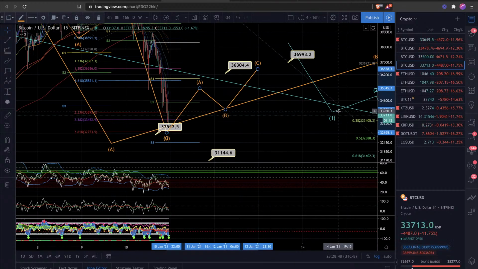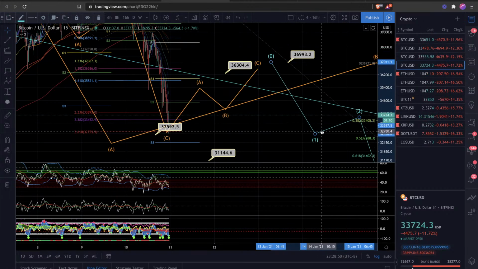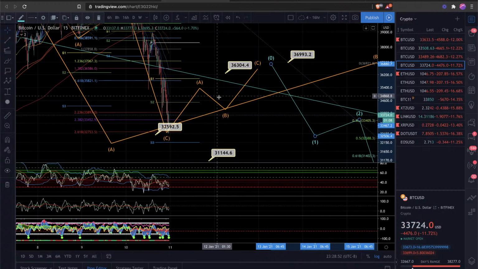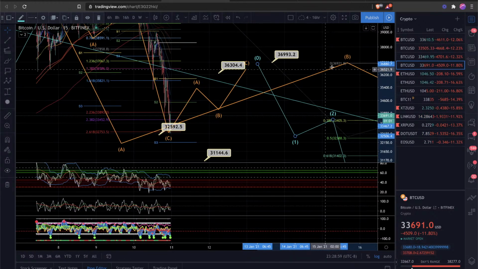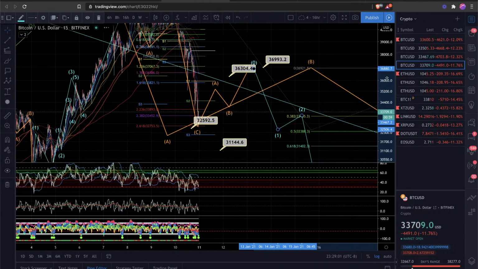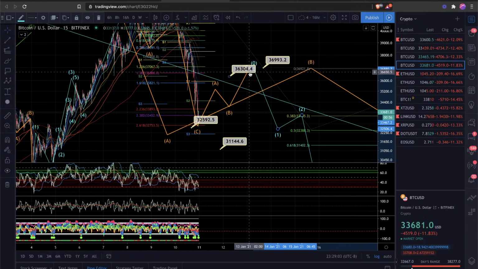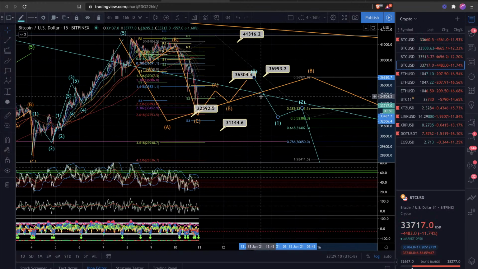But honestly, after that, I would look for continuation back down. I like to see it go up in a three-wave fashion. So we would look for another ABC connector, but then ultimately I'd be looking for another 5-wave down. And we may not even get close to that 24K on that 5-wave move down. We could do something even as a double bottom, or we could even just bounce off of the 618, which would also be right here, probably at the 34K, before potentially blasting off for another wave.